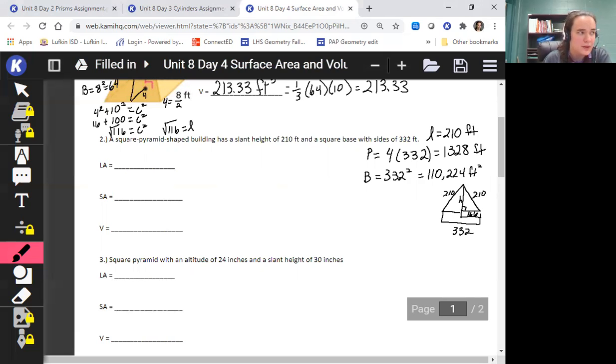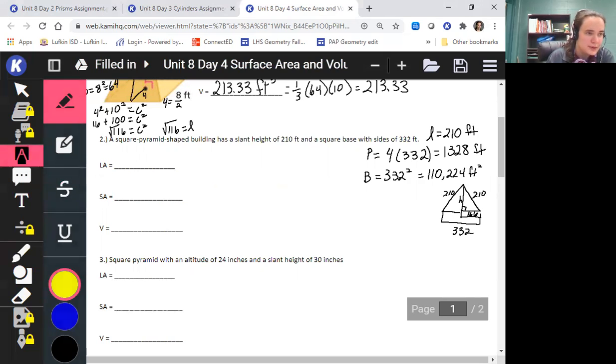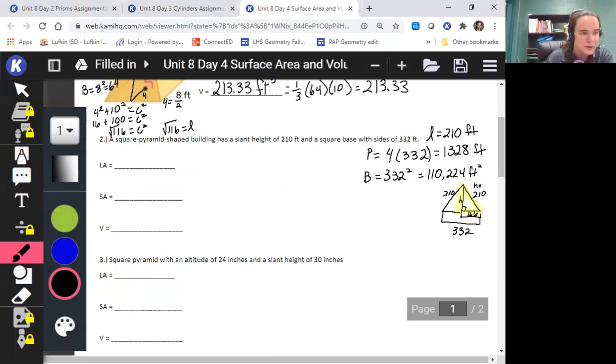So 210 is our hypotenuse, because that's the triangle we're looking at right now. So we're going to use h squared plus 166 squared equals 210 squared. Okay, and the reason it's 166 and not 332 is we only need half of it. It's similar to the radius.